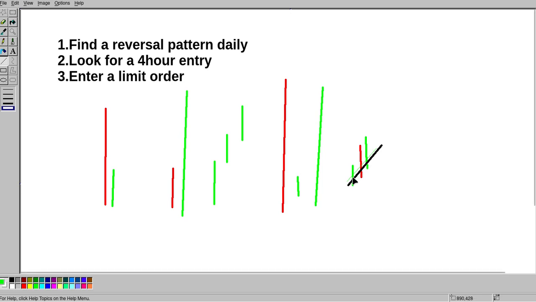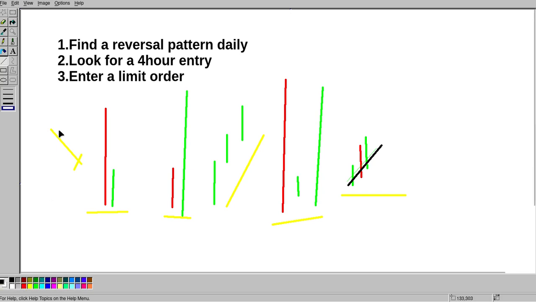This is called the long lower shadow. Okay, now I know there's a lot to digest, right? So I'm going to look for something like this, or like this, or like this, or something like that.